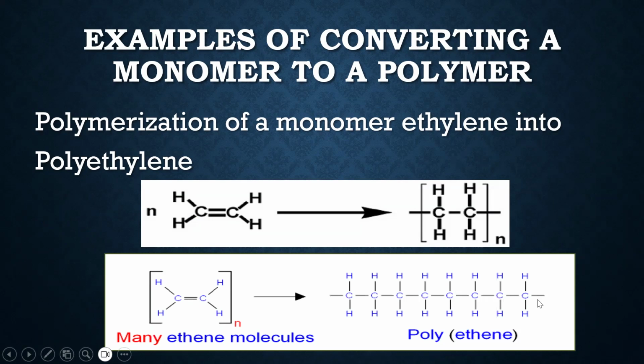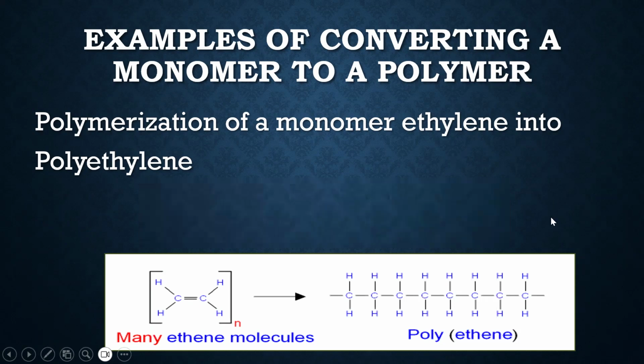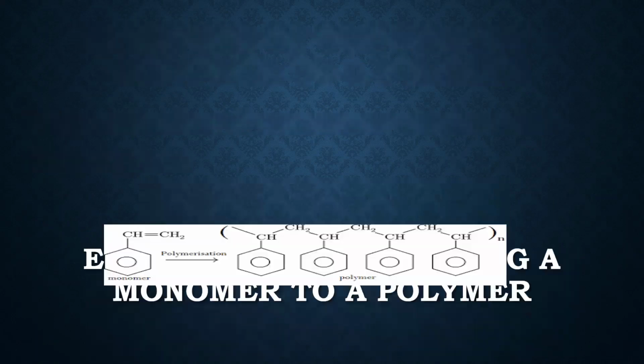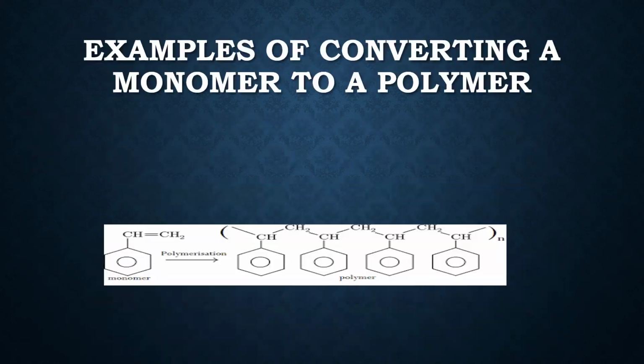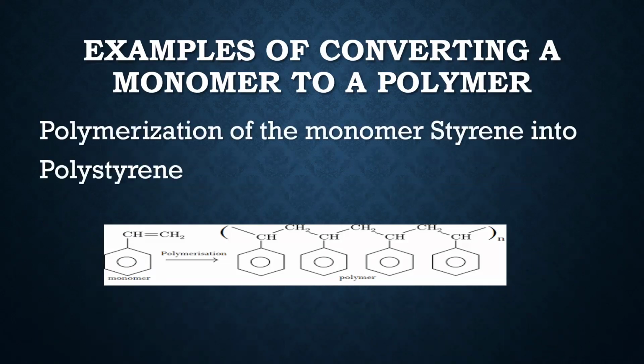The final product, polyethylene. Polystyrene, the same way. So the branch will be the aryl group, and the double bond will break, and this will be added n times to form the polystyrene polymers.